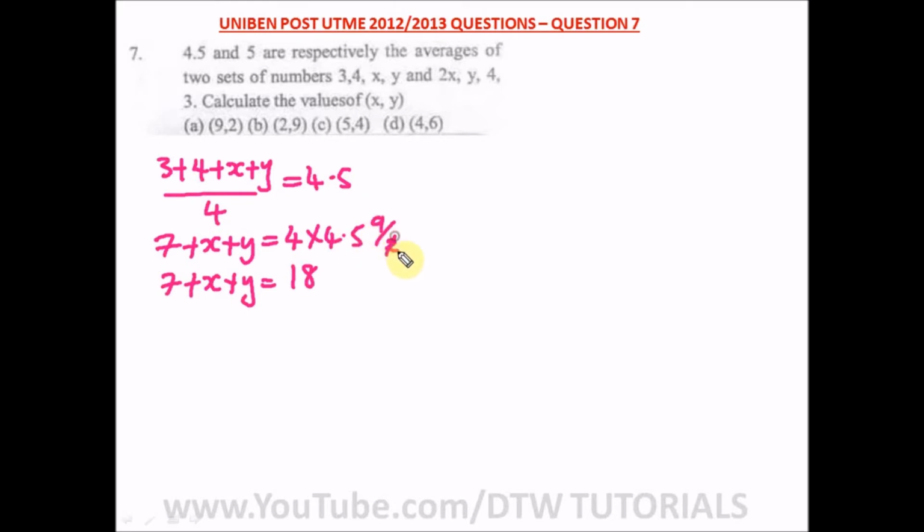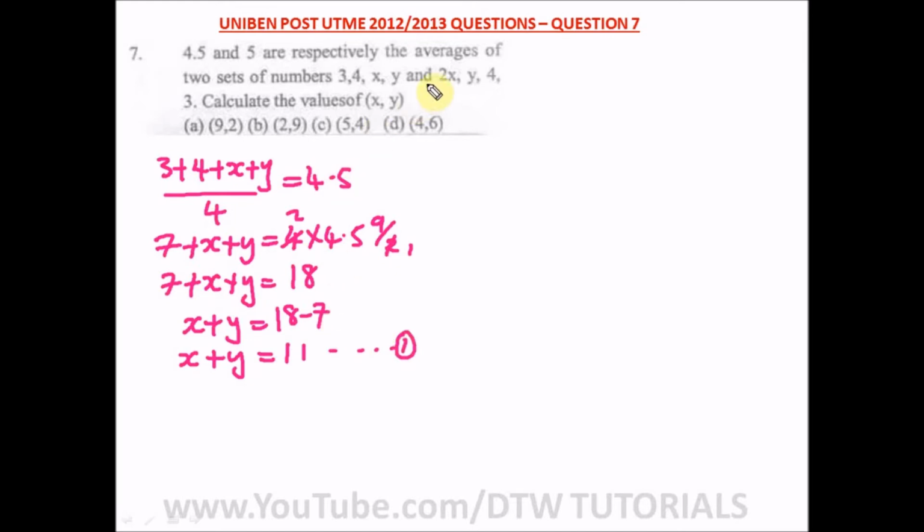When you cancel, we have 1 and here 2. So 2 times 9 is 18. Let's simplify further. We now have x plus y is equal to, take 7 to this side, 18 minus 7. This gives us x plus y is equal to 11, and this is our equation 1.